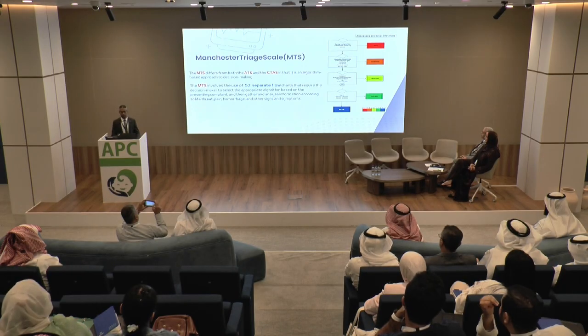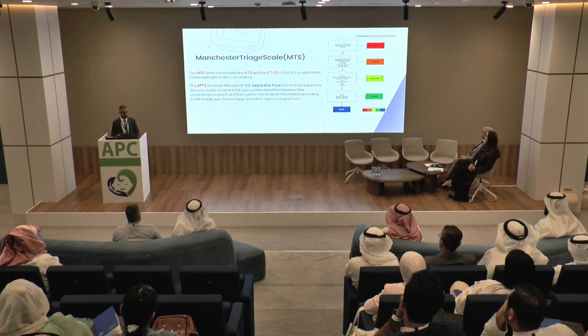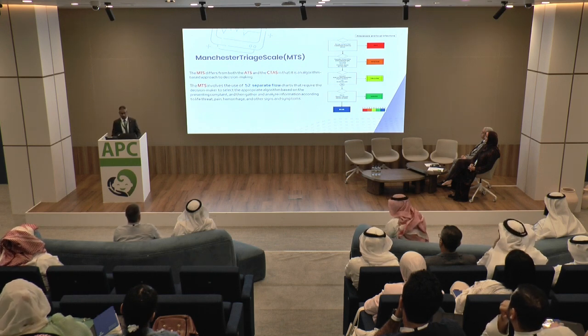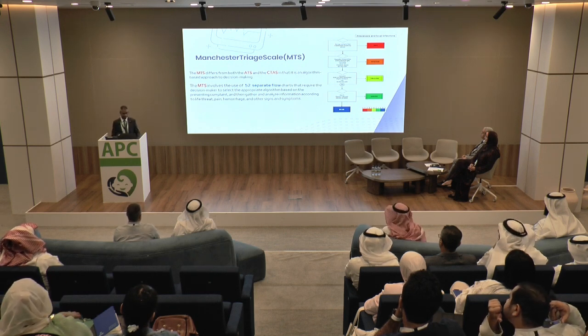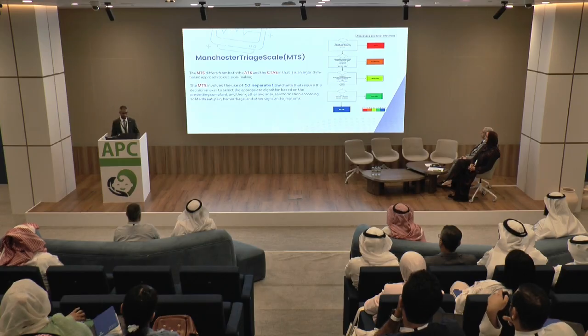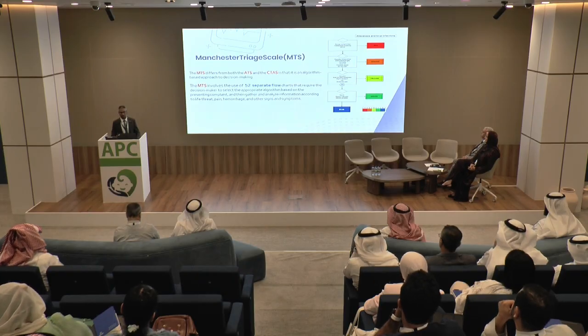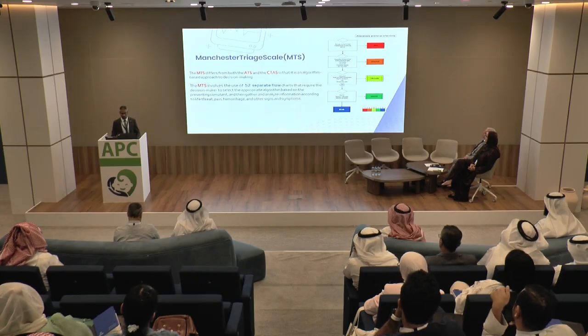The Manchester triage scale is different from the Canadian and Australian in that it is based on algorithms rather than symptoms, vital signs, or other modifiers. They have around 52 separate flow charts depending on the chief complaint, and also 5 levels.